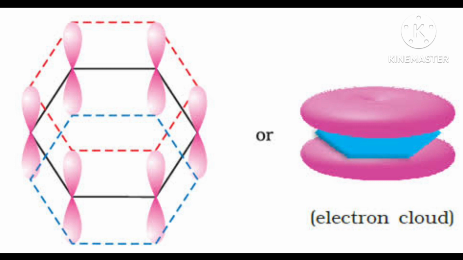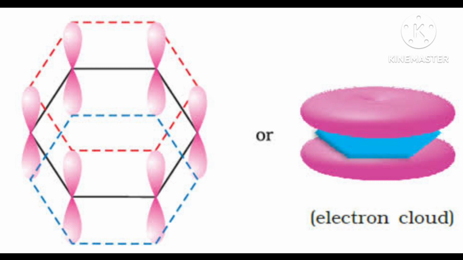All the 6 carbon atoms in benzene are sp2 hybridized. Two sp2 hybrid orbitals of each carbon atom overlap with sp2 orbitals of adjacent carbon atoms to form 6 C-C sigma bonds, which are in the hexagonal plane.